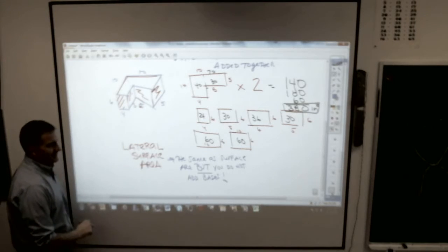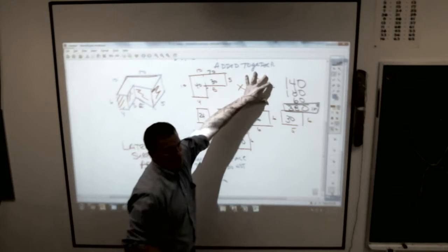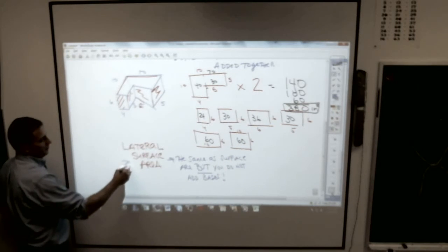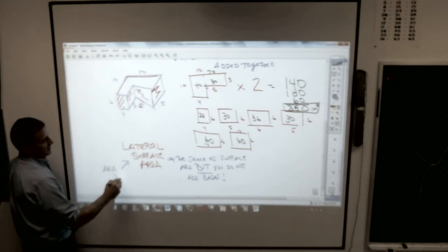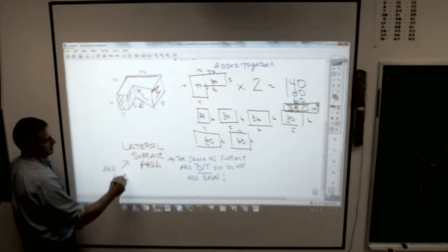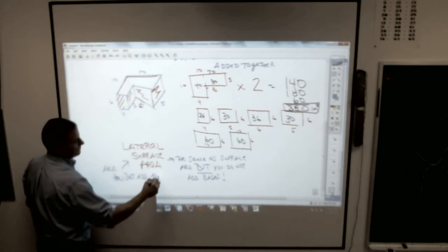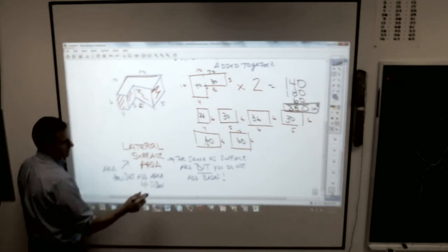Okay? It is exactly the same except you don't do the two bases. It's just basically, if you want to say it in another way, AKA, just add the area of the sides, no bases.